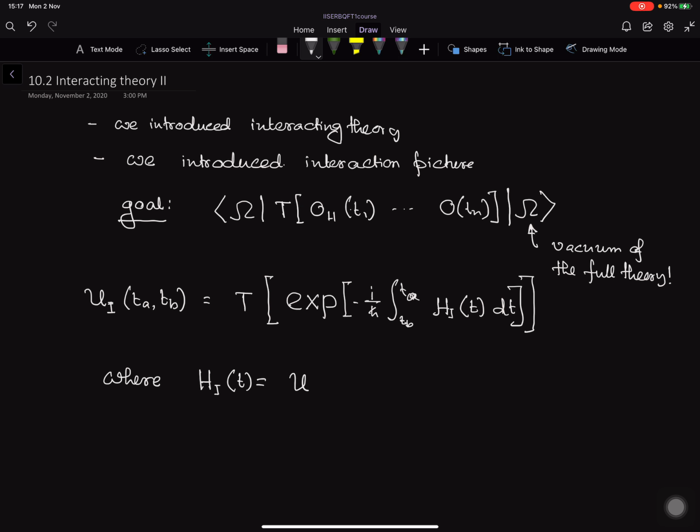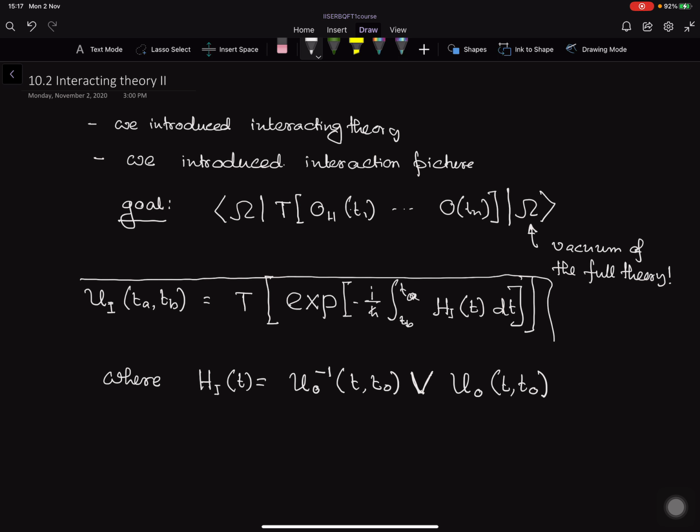So this is given by U0 inverse (t, t0) V, which is time independent, U0 (t, t0). So this is the summary of the results we obtained in the previous lecture.